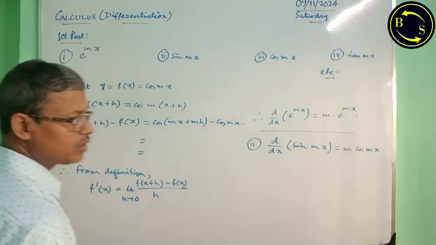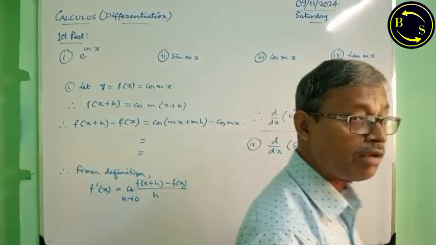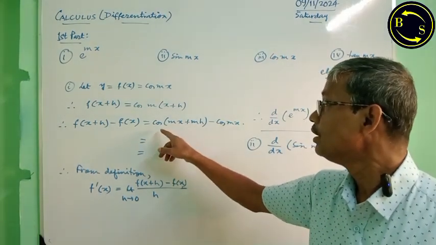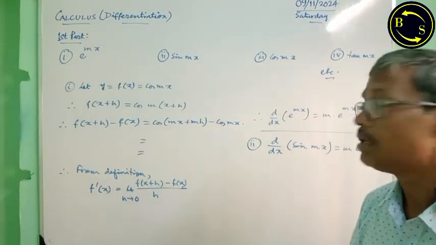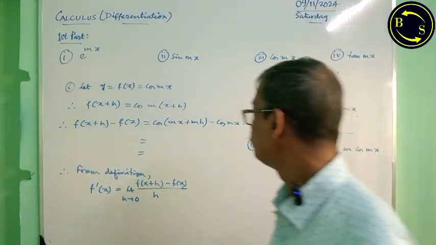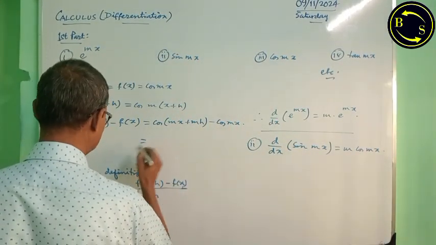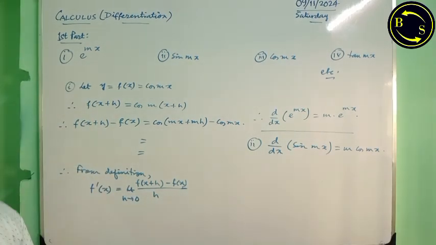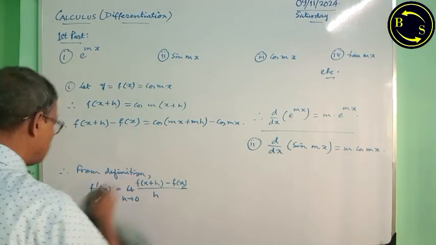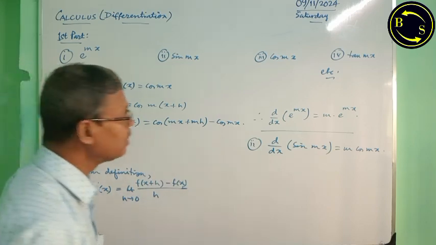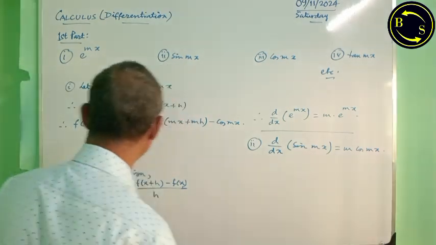Now this is cos of alpha plus beta form. That means that can be written as cos alpha cos beta minus sin alpha sin beta. Move to the left, or I apply here the cos c minus cos d formula.